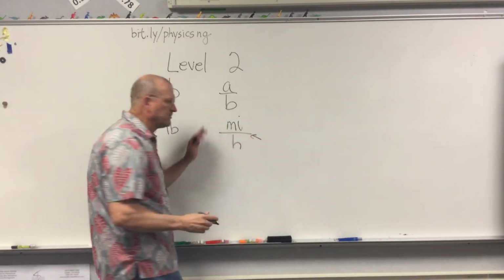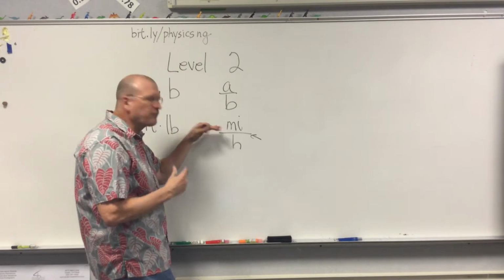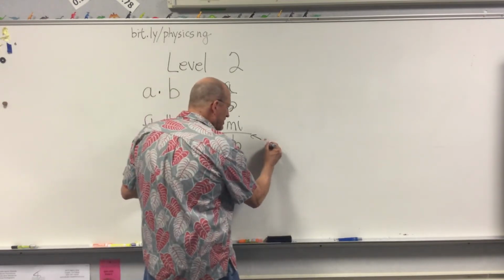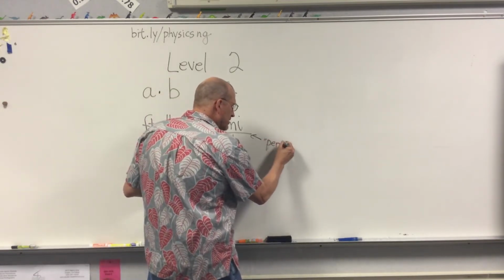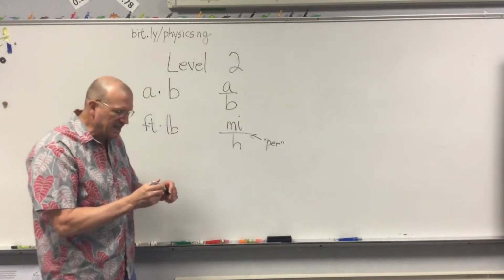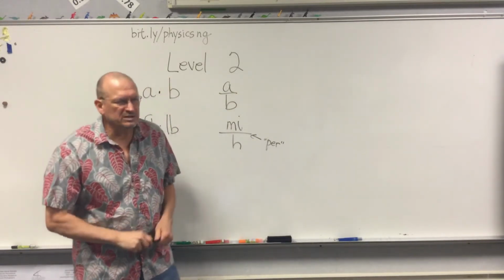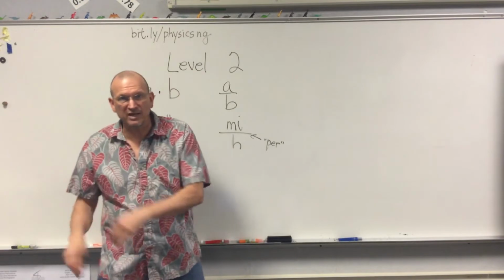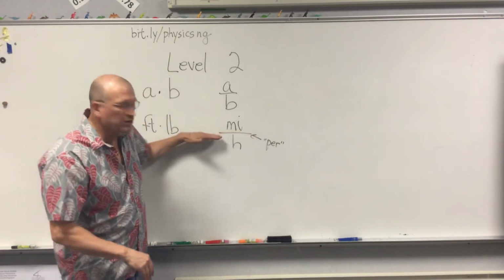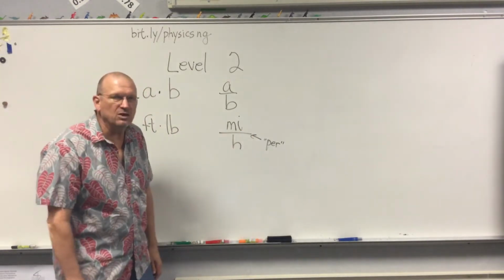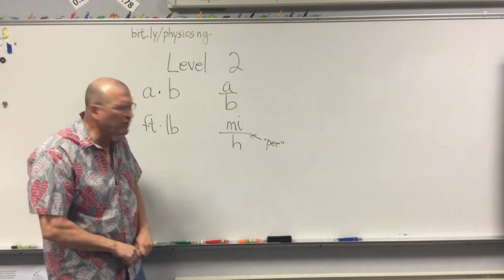Whenever you have a fraction bar in a unit, that is where you would insert the word per. And for any unit that you're familiar with where it says one thing per another thing, that per, if you were going to write out the unit, is where you would put the horizontal fraction bar.